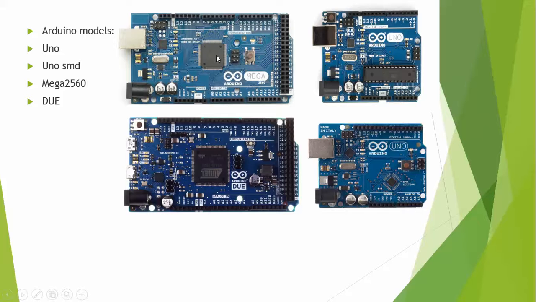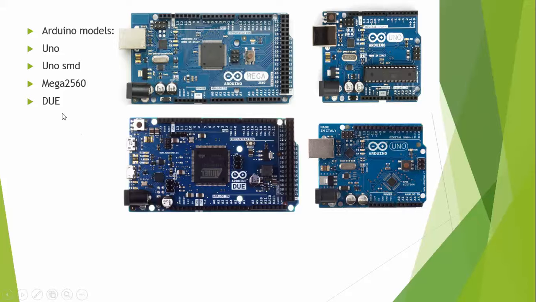Another one is Arduino Mega 2560. As it seems, it's bigger than Arduino Uno, and it provides more I/O for users, and of course it has a higher clock, so it has more speed.